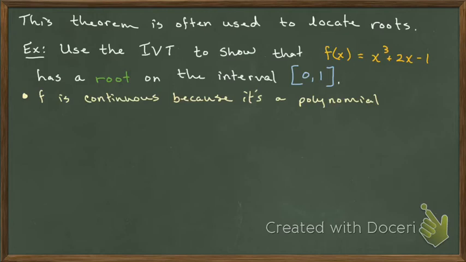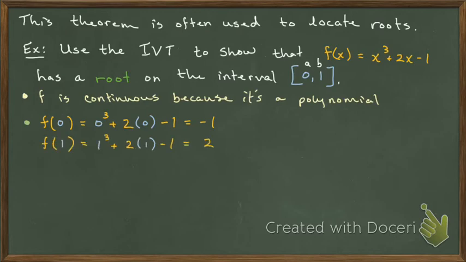I've got an a and b of my interval, so I'm going to evaluate my function at those two endpoints. f of 0 is 0 cubed plus 2 times 0 minus 1, which gives me negative 1. I do the same thing, plug in 1, and here I get a 2.